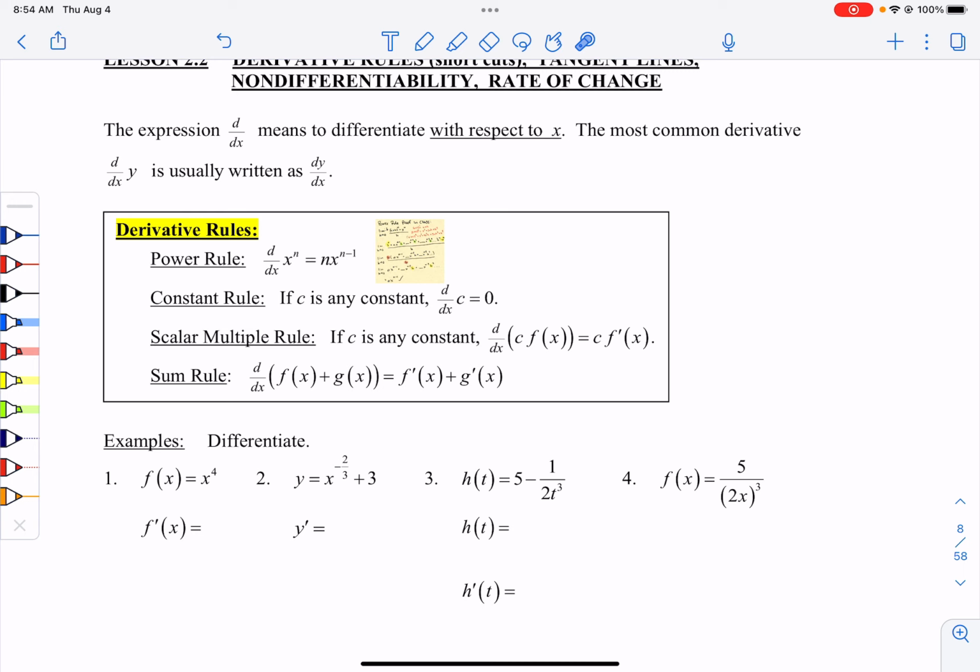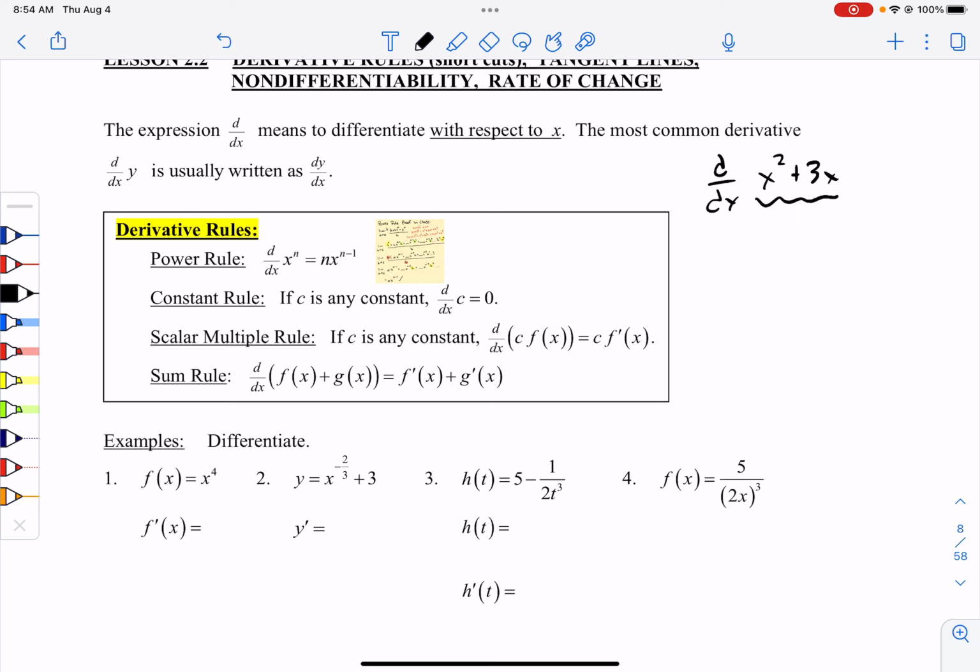The most common derivative, d/dx of y, is usually written as dy/dx. So if you see something that says like d/dx of x squared plus 3x, that is saying I want you to differentiate with respect to x.